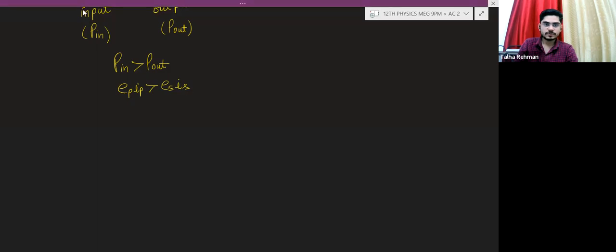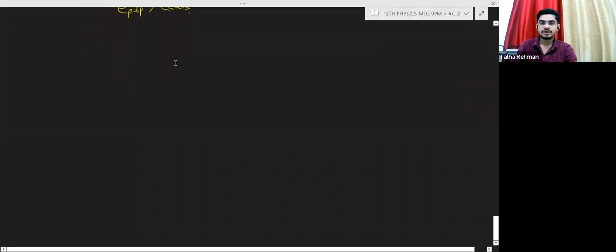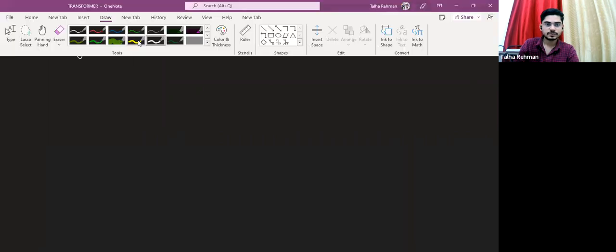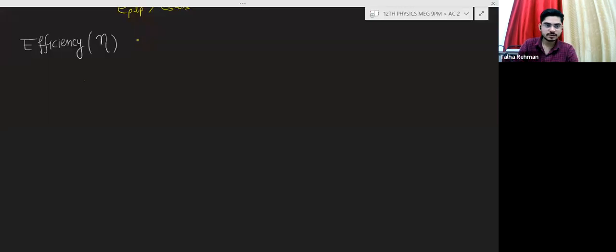Okay, now we will talk about the efficiency of the transformer. How efficient the transformer is in real life. Efficiency is represented by eta. So efficiency is power output divided by power input.